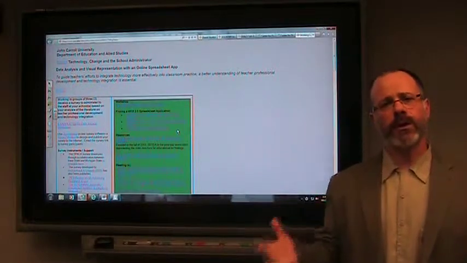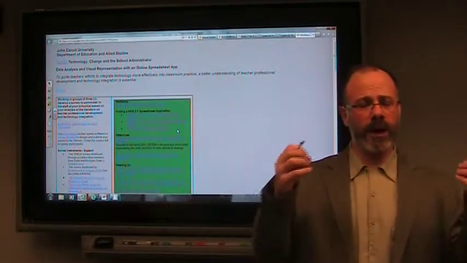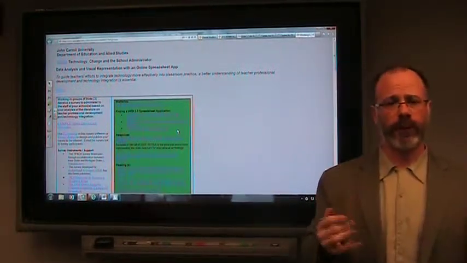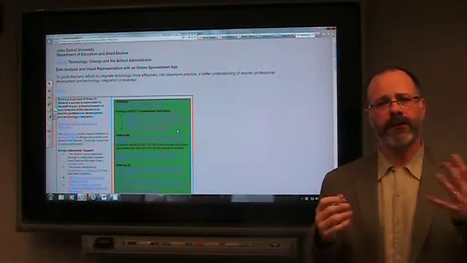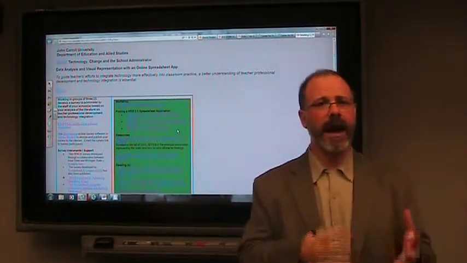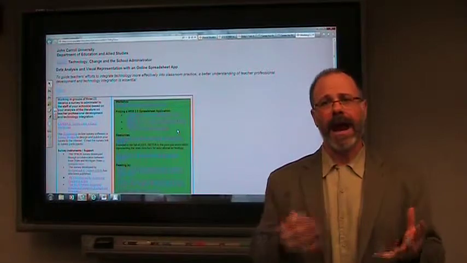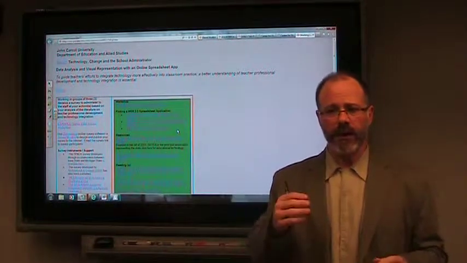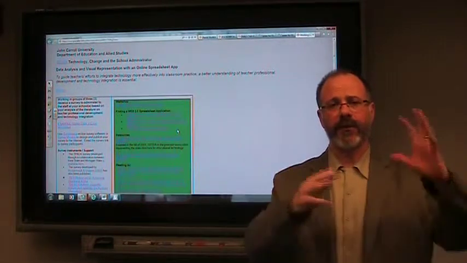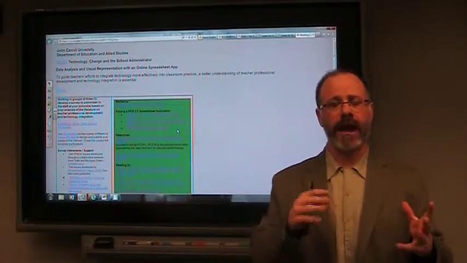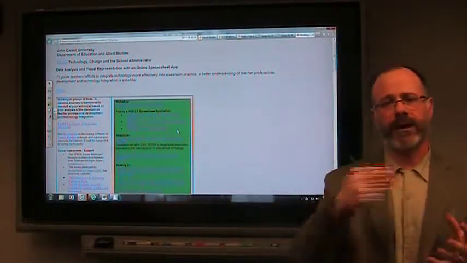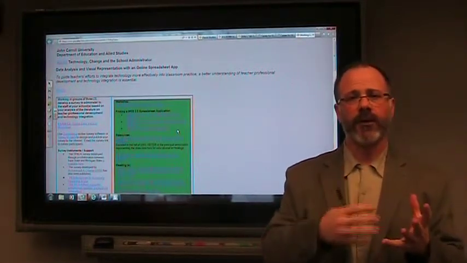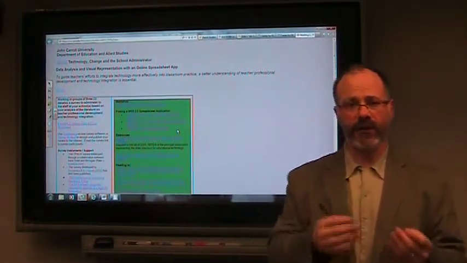If you were to work in a small group, the idea would be to collect some kind of data at your school and then to combine the data sets from the different schools together and put it into a spreadsheet so that you can do some kind of statistical analysis.